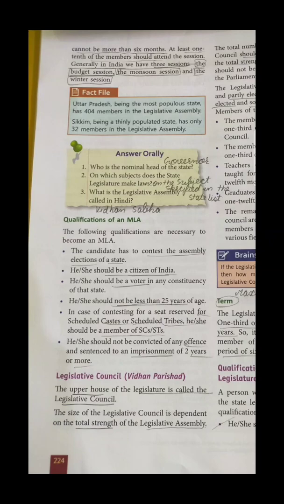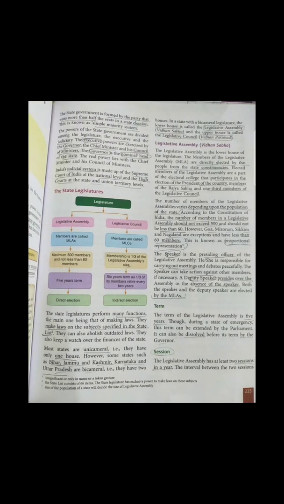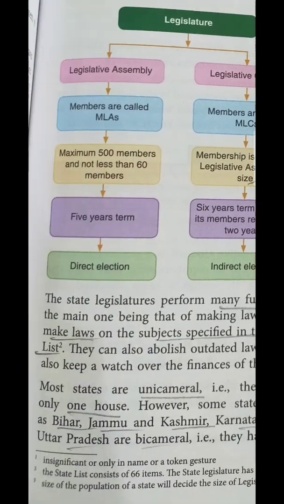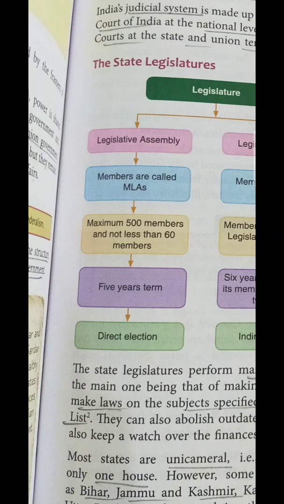Moving further, now we are going to understand the legislative council. We had already discussed the legislative assembly. The members of the legislative assembly are called MLAs. The maximum is 500 members, and the minimum is not less than 60 members.